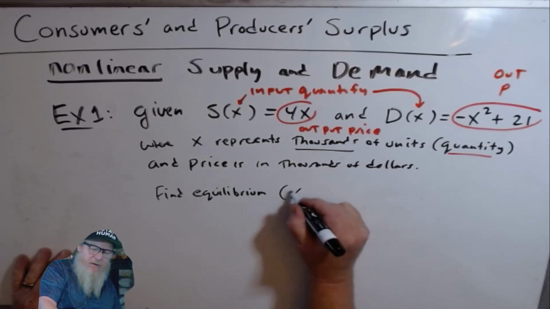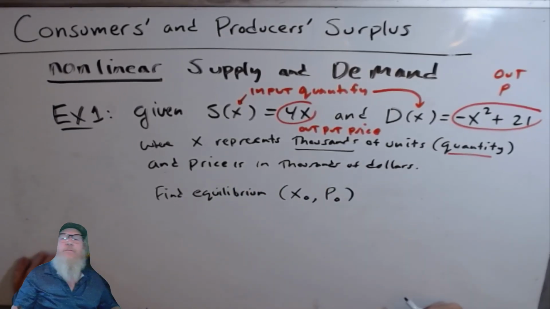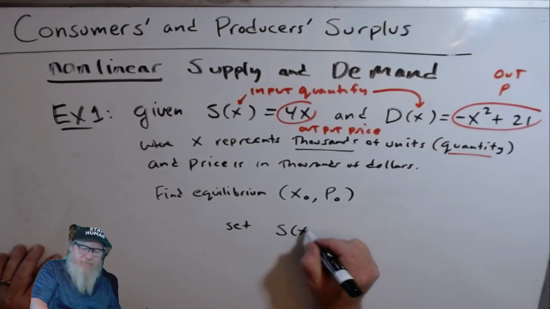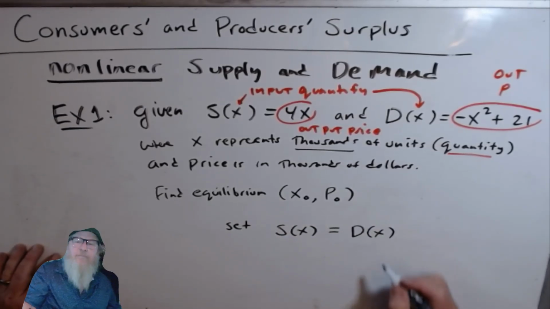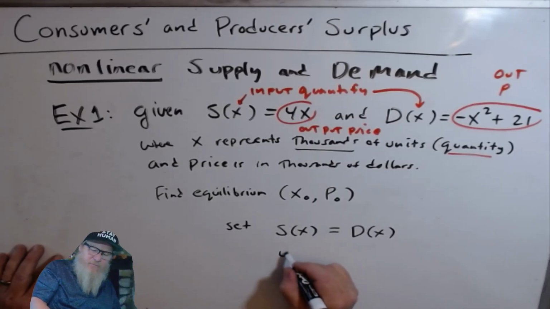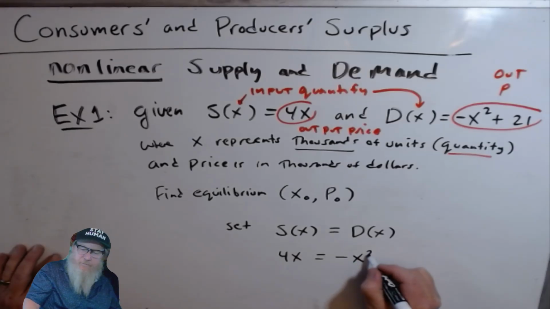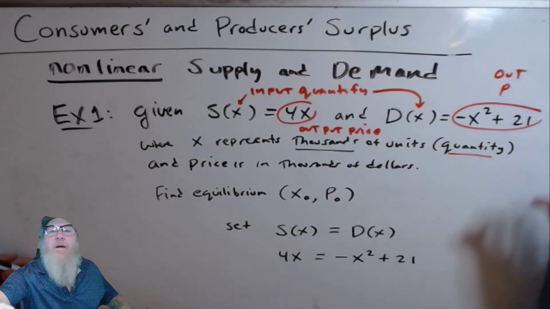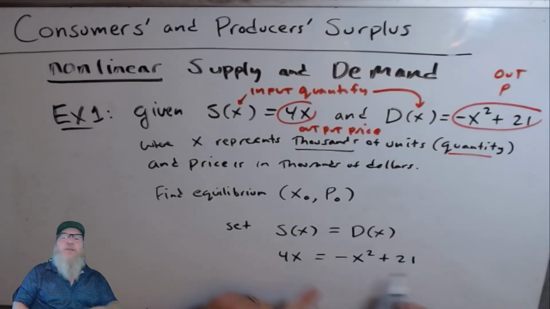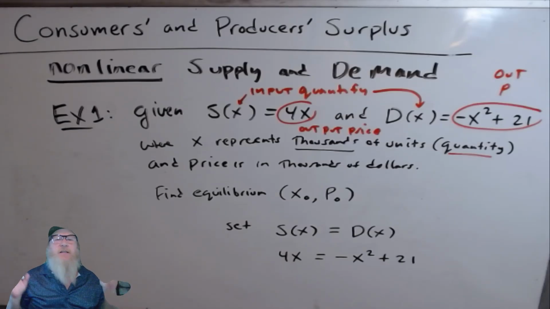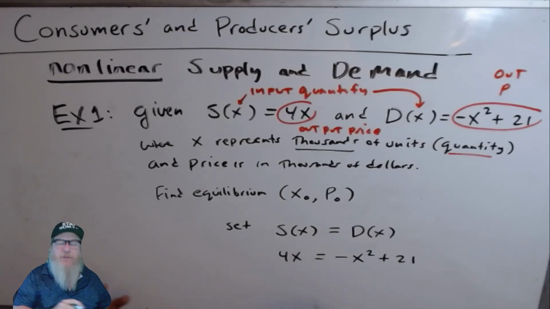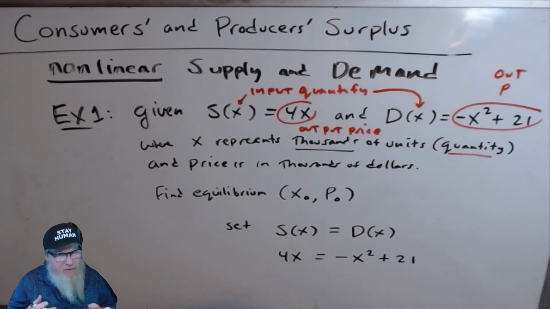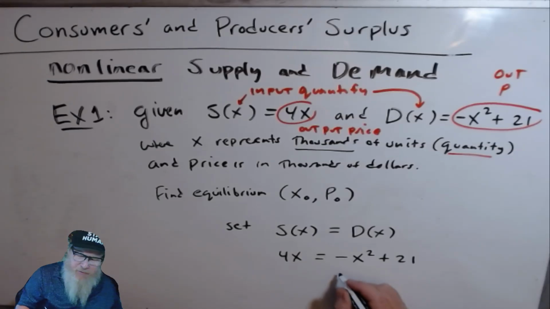All right, the equilibrium is (x0, p0). So we're going to set these things equal to each other and solve for x. So you can solve this any way you like. There's lots of different techniques. The most common technique is to set it equal to 0 and use factoring, or if necessary, some formula or some device that will solve it for you.